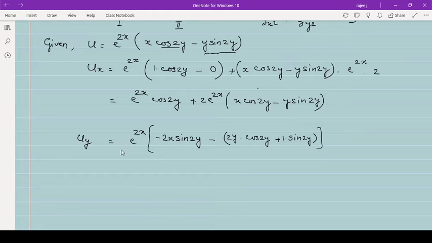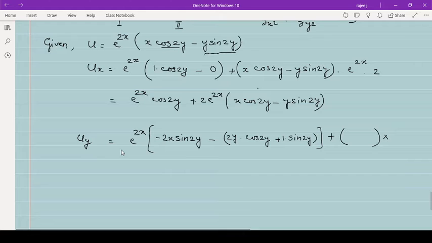Now first into derivative of second is over. First function into derivative of second, in that only you have u into v again. So first into derivative of second plus second function into derivative of first.